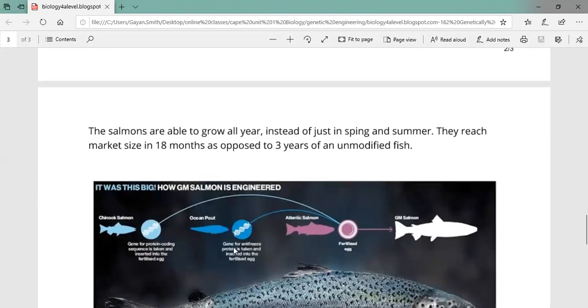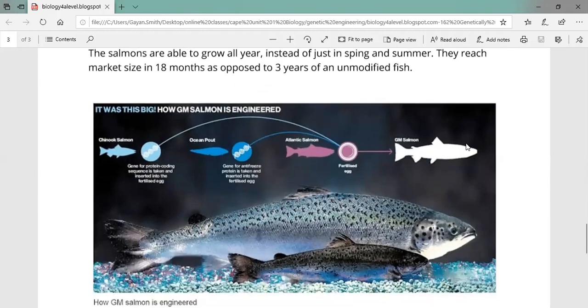But anyway, salmon is normally a fish that will only grow in spring and summer. But once they injected it with the growth hormone, the salmon was able to grow all year round. So they were able to reach market size in 18 months as opposed to 3 years if they were unmodified.